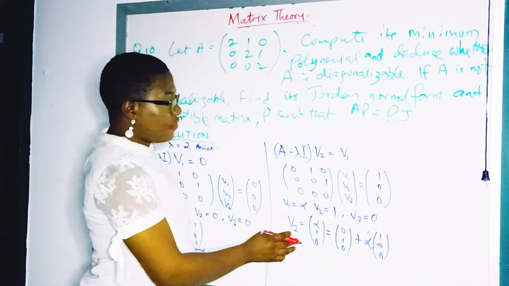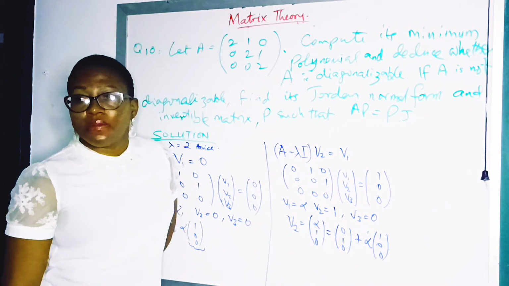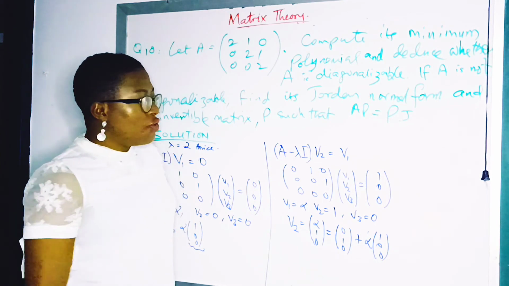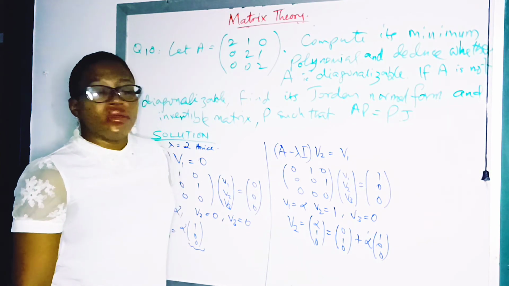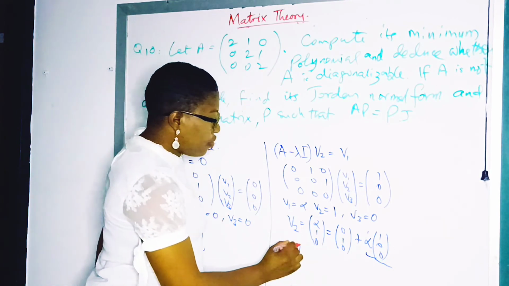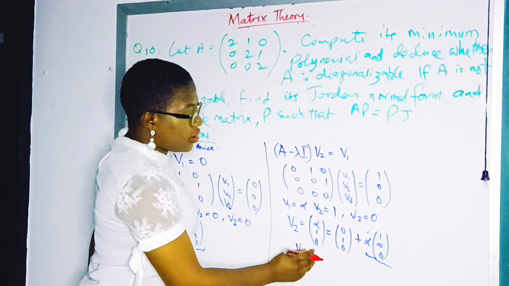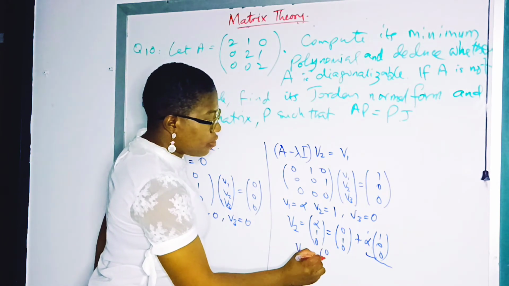If I bring out alpha the way I did before, it will affect this one. Do you understand? Now this is exactly V1, I don't need it. I can take alpha to be 0, and take my V2 to be equal to 0, 1, 0.